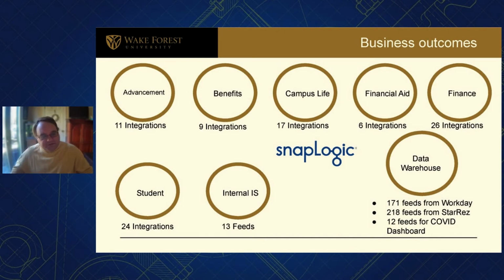We also have 13 internal IS feeds. And that's really important too, to keep the data in sync between Workday and Banner. An example of that is, of course, our faculty are in their primary location. Their primary location is Workday, but we have to get them over to Banner so that we can assign them the courses that they're going to be teaching.